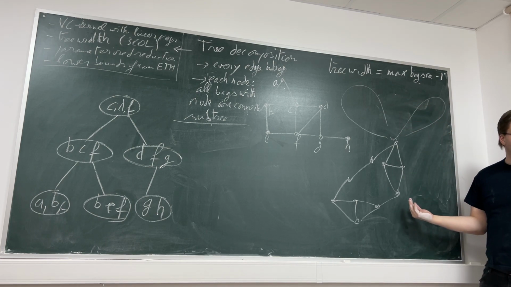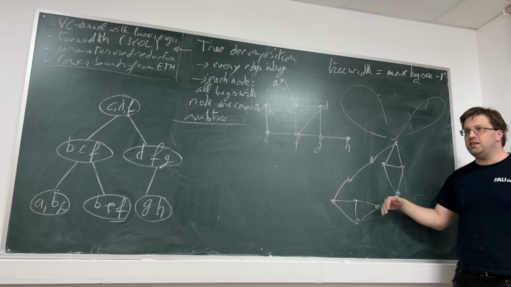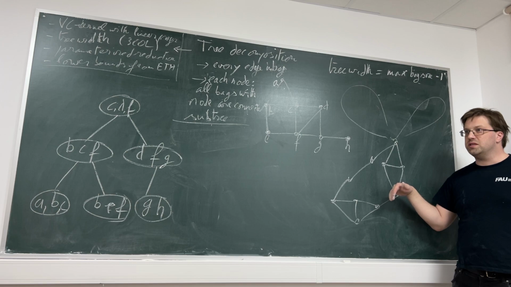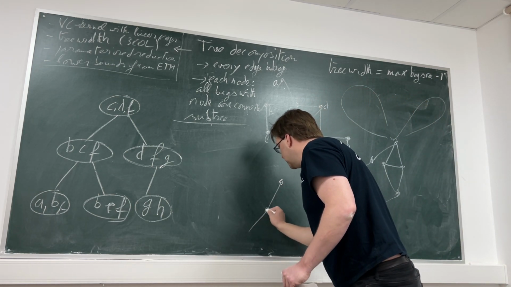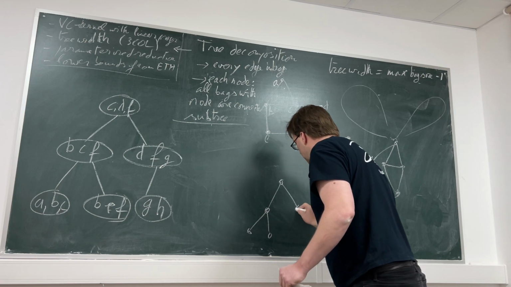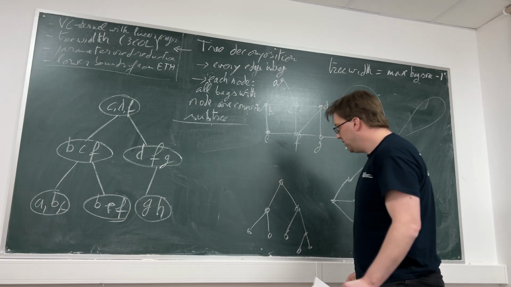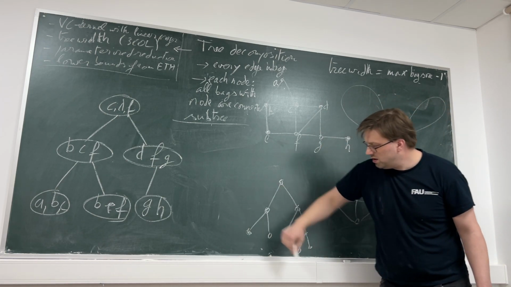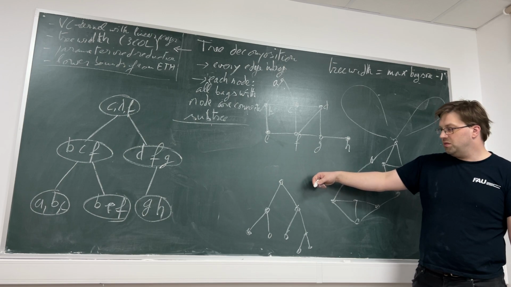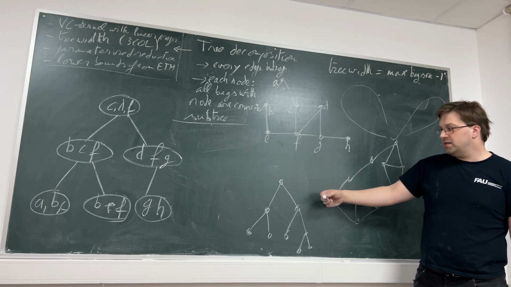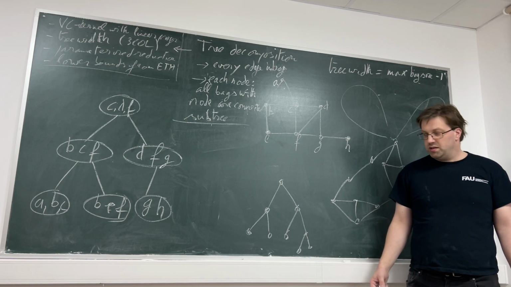Think about the vertex cover problem. When you do it on a tree, it becomes very easy because a greedy algorithm succeeds. So let's say a rooted tree. Why does the greedy algorithm work?